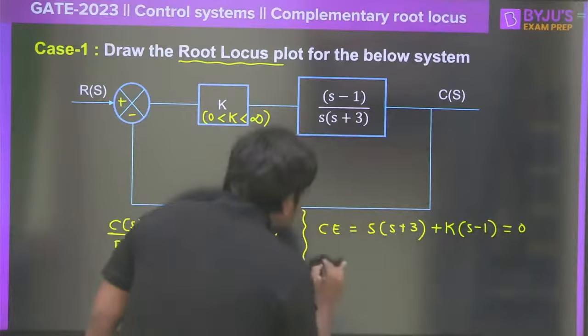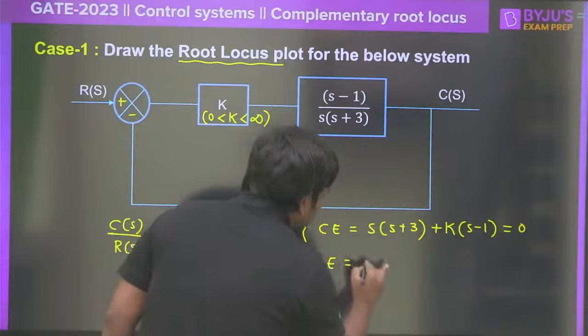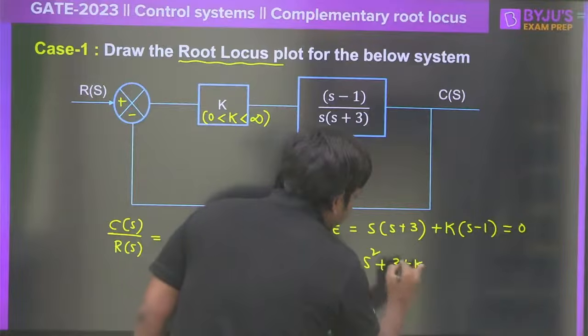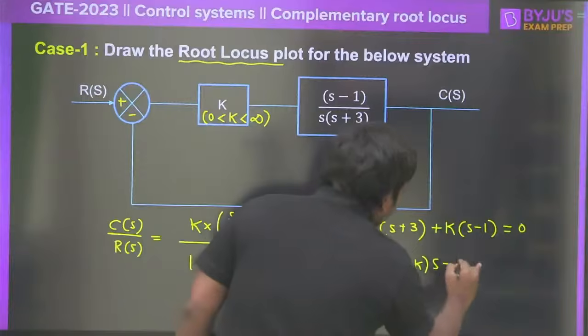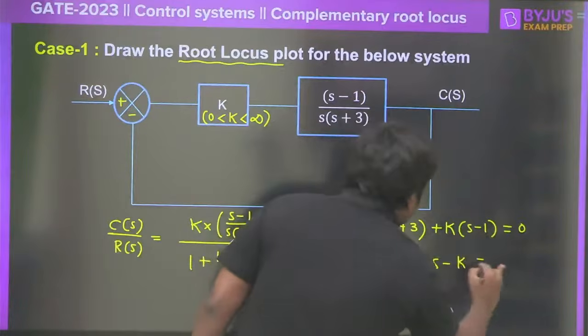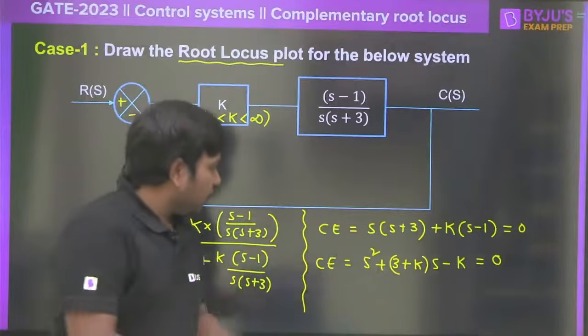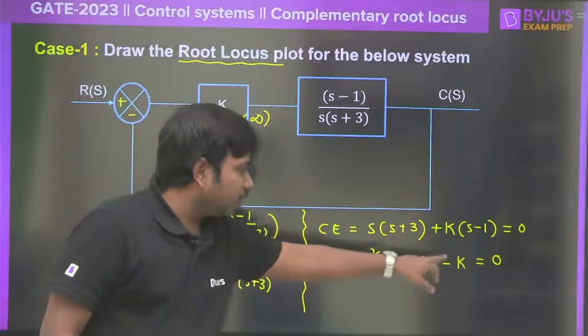Clear? If I simplify this, what will you get? This will become s square plus 3 plus k, of course, into s, and then minus k, equal to 0. This is what exactly you will be getting. Correct?